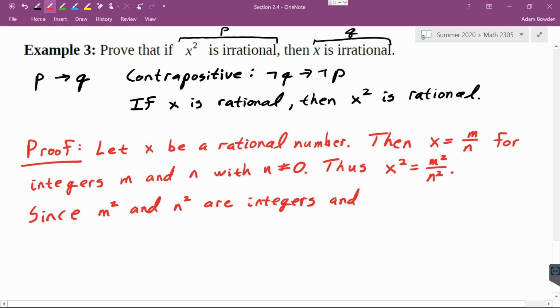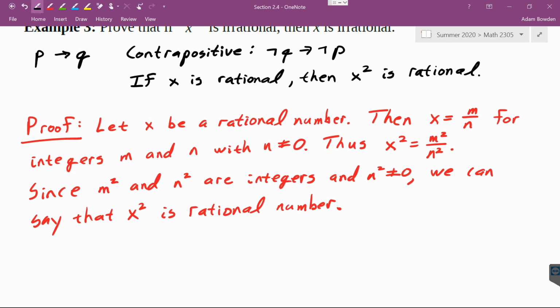And of course, the bottom part for n squared is still not equal to 0. We can say that x squared is still in the form of a rational number, and so x squared is a rational number.